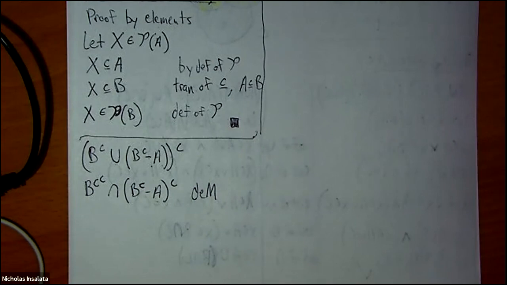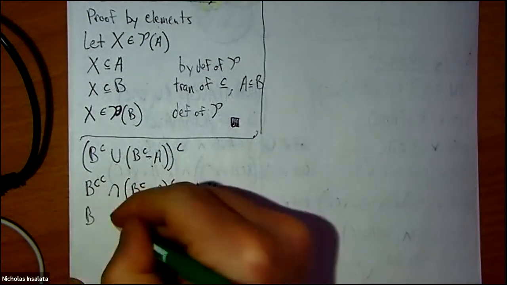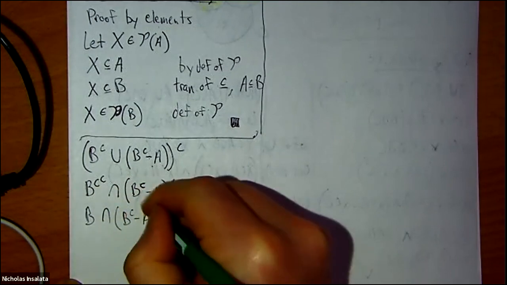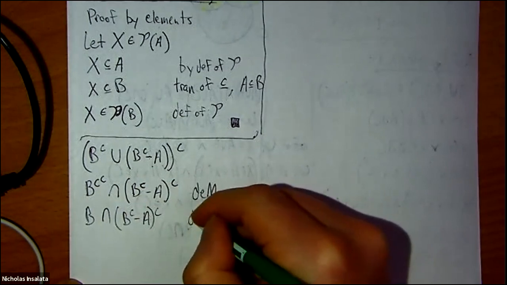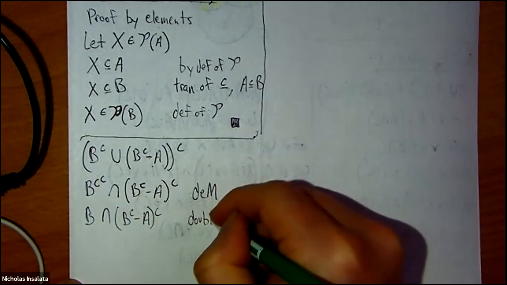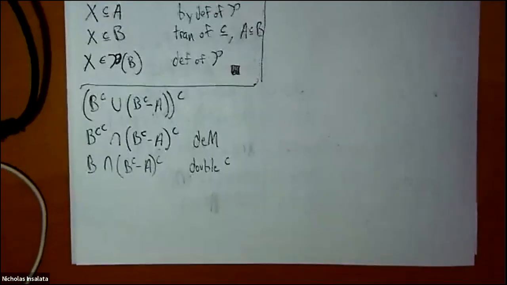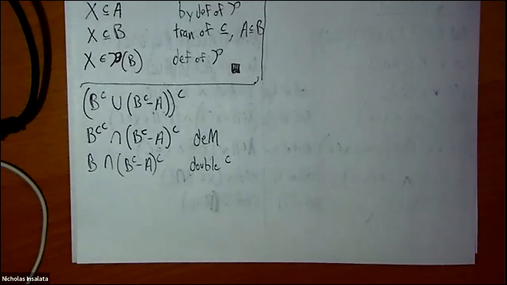Yeah, double complement. So we can eliminate those. So we'll have B intersect B complement minus A quantity complement. That's double complement elimination.